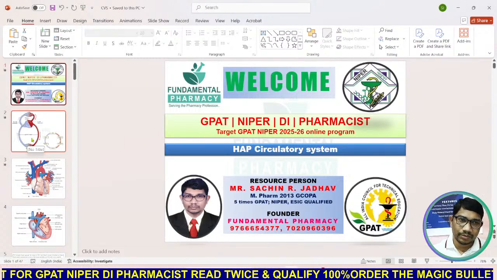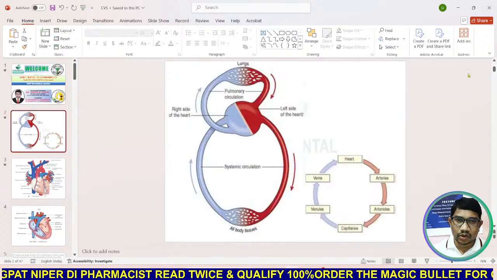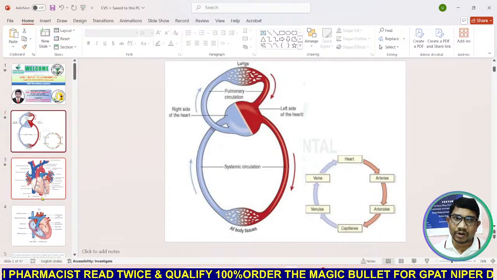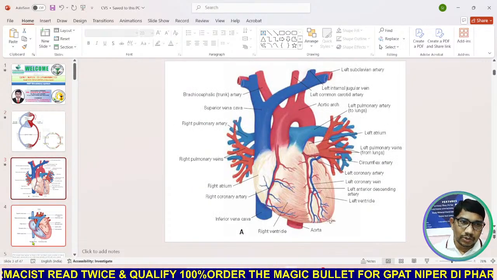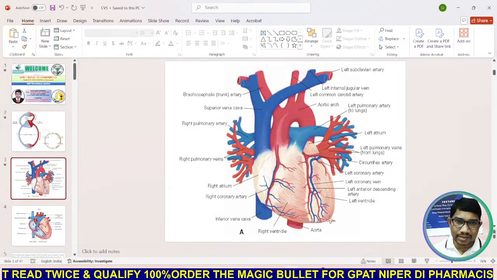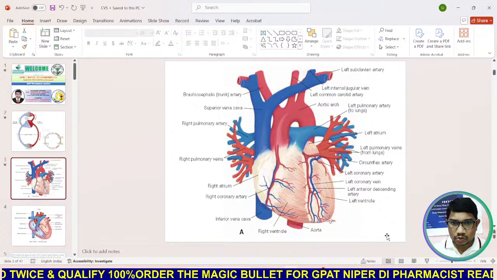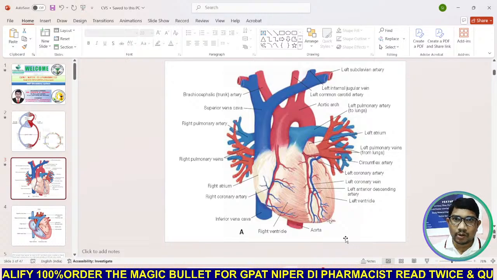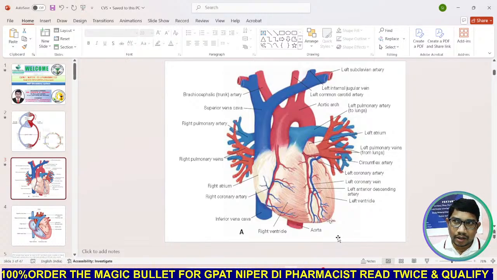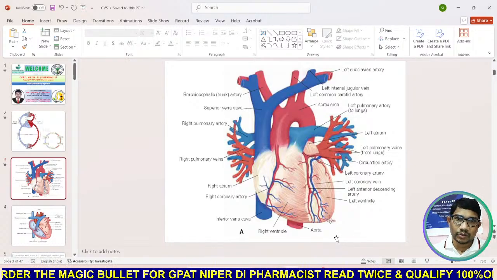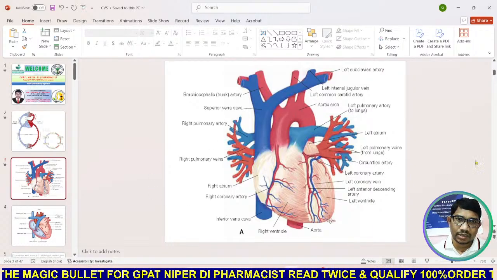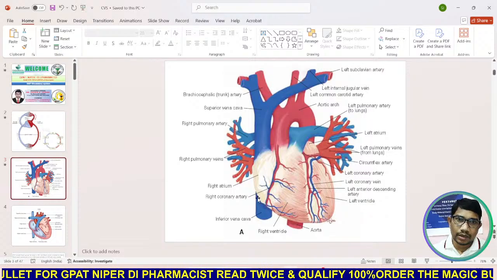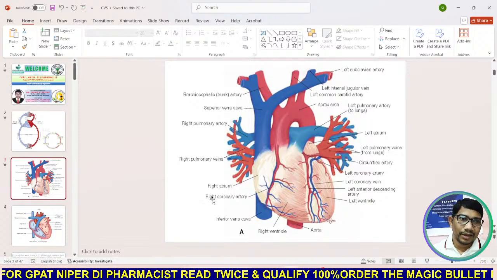We saw the normal function of the cardiovascular system, an overview, the parts of the heart and organs associated with the heart. At the inferior of the heart you have the diaphragm, on the superior you have the base of the blood vessels, and the heart is lying between the lungs.